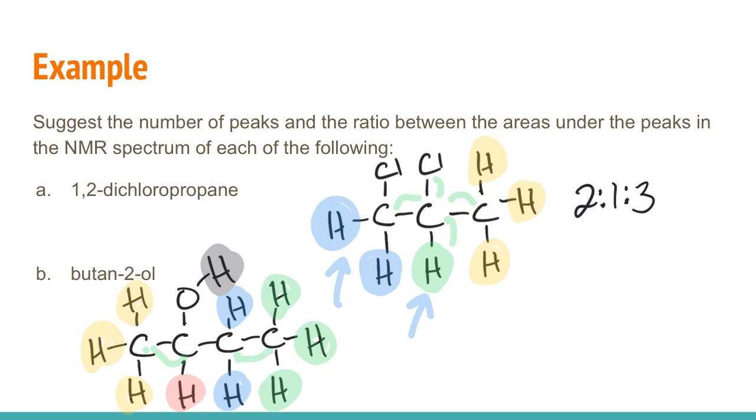So you've got 5 peaks for butan-2-ol, and it would be in a 3:1:1:2:3 ratio. So let's just write that down. A 3:1:1:2:3 ratio. It doesn't really matter how you write your ratios here. What matters is that you identify where those different chemical environments are.